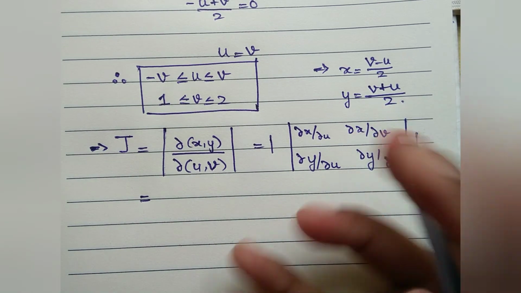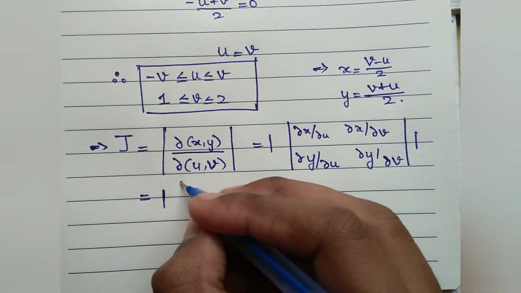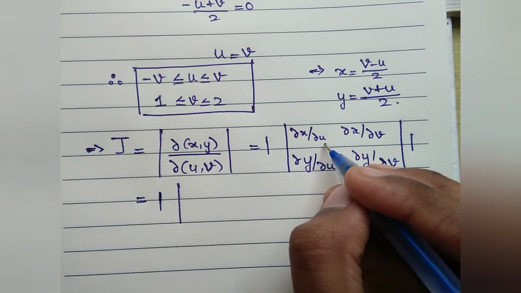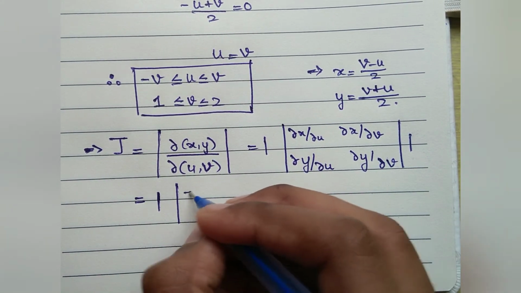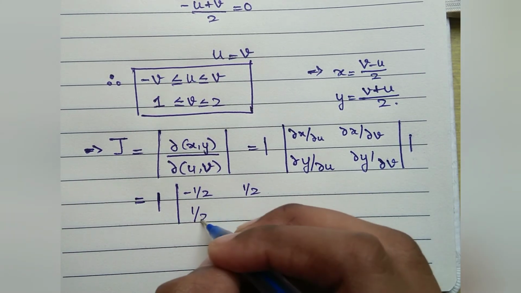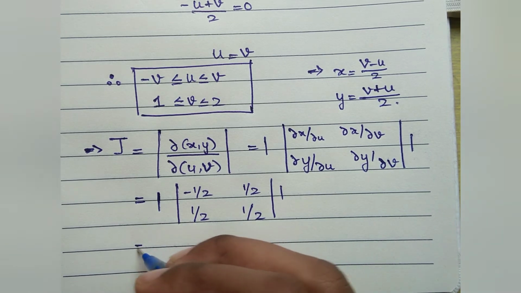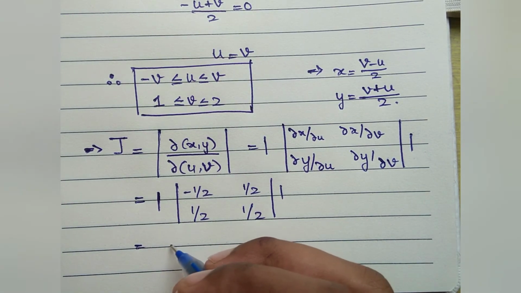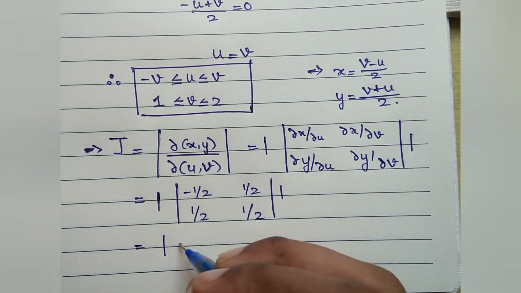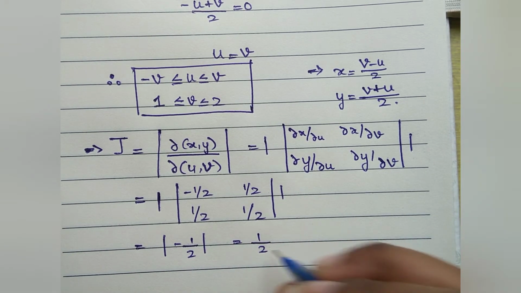From these equations we can find out the partial derivatives, which will be del x by del u is minus 1 by 2, and this will be 1 by 2, 1 by 2 and also 1 by 2. Now finding the determinant, we can see that it's the modulus of minus 1 by 2, which is equal to 1 by 2.